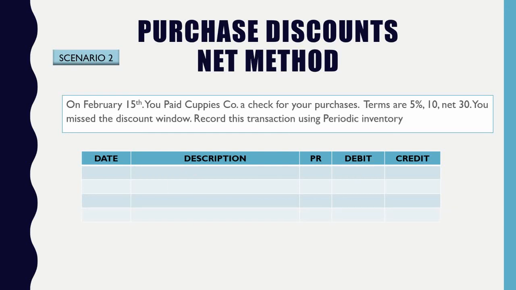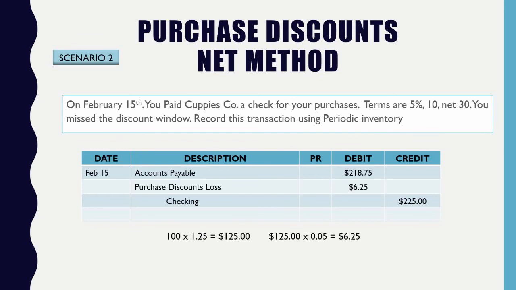Now what happens if I forgot and I end up paying on the 15th instead of the 9th? You've already discounted the product when in reality you missed the discount period. So you're going to have to create another account because you missed out on the discount period.